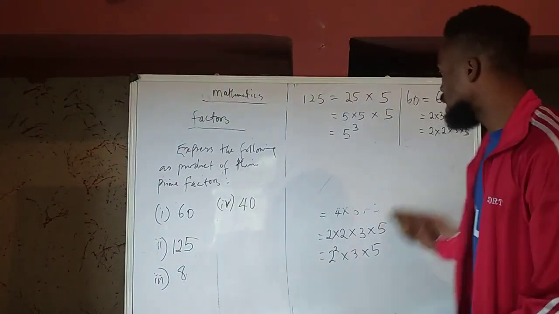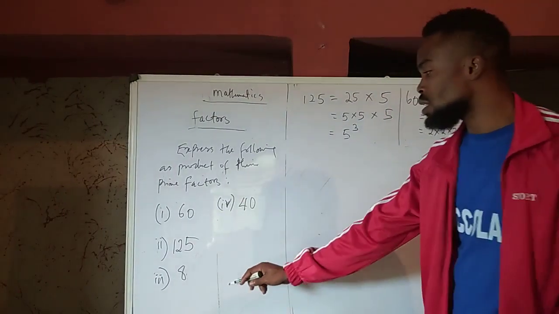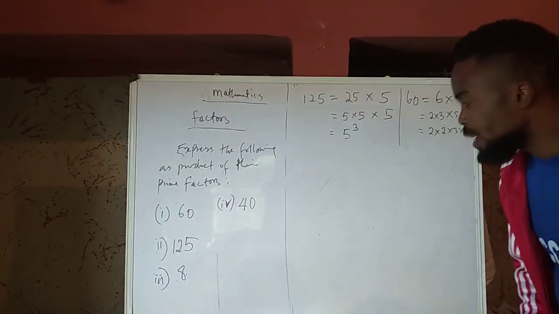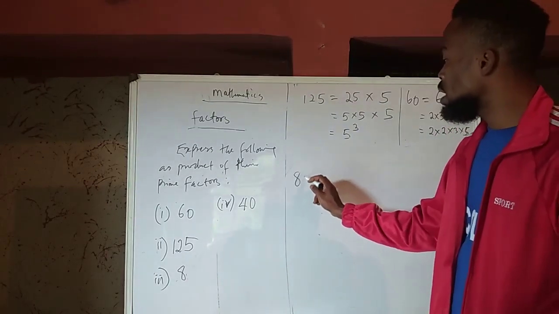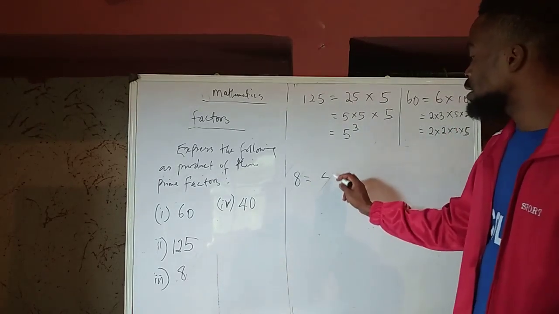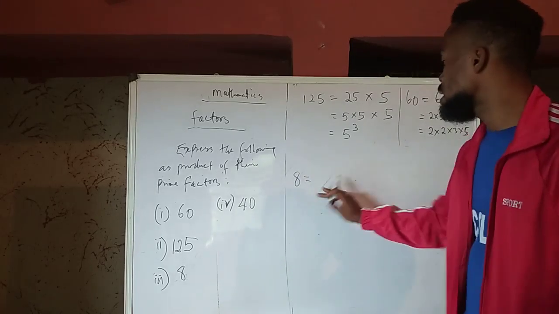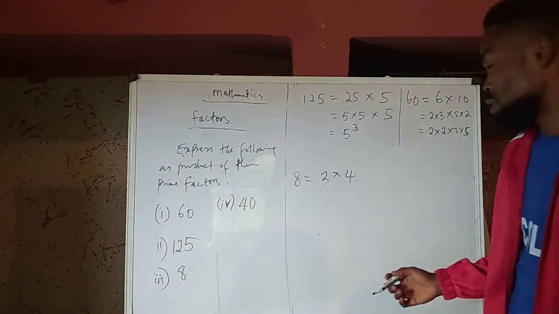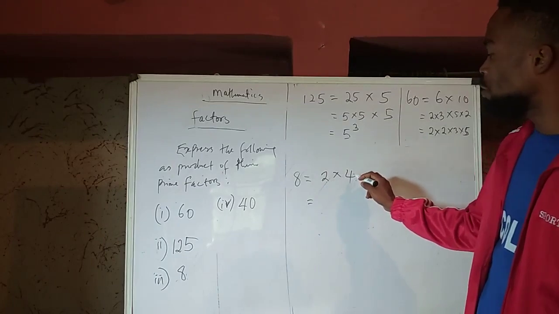Okay, that's it. Let's look at the next one, which is 8. Okay, 8 is going to be like, let's say, 4 times 2, right? Or should I say 2 times 4? It does not make any big difference, you see. So 2 is a prime number, but 4 is not.